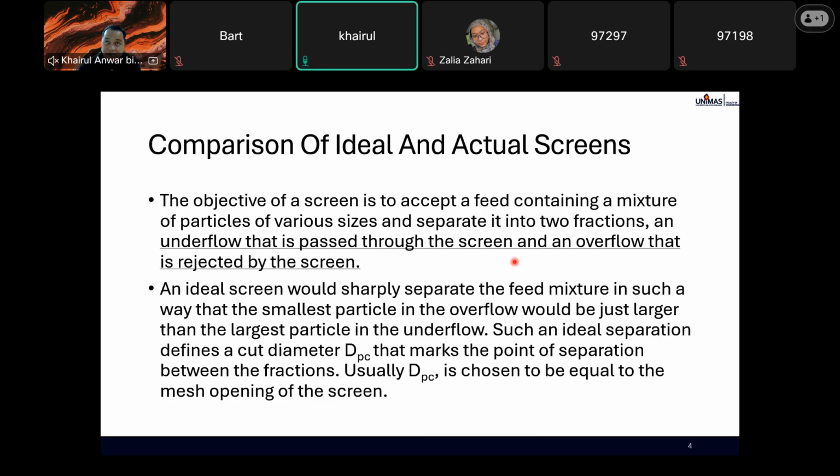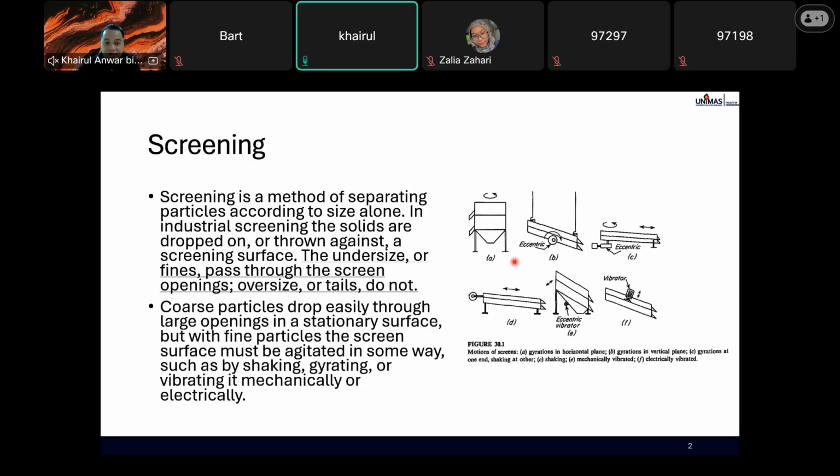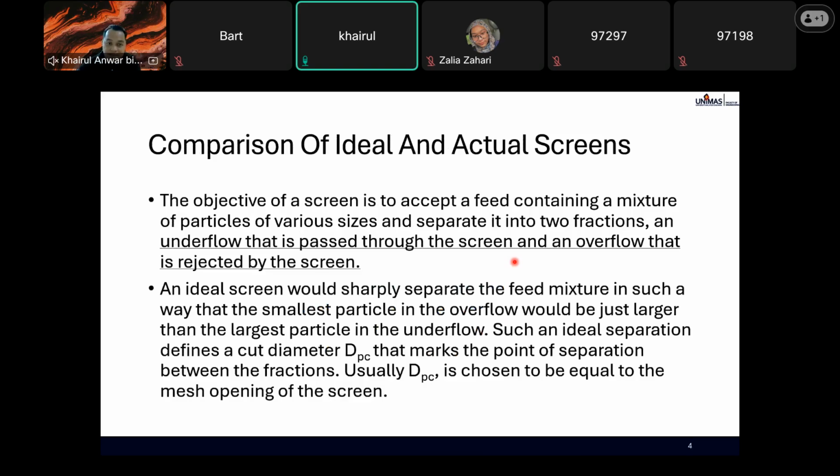All of these keywords represent particles that pass through the screen. Then another keyword is the overflow, oversize, or tails. So this one is rejected, basically meaning the size is too big to go through the mesh.